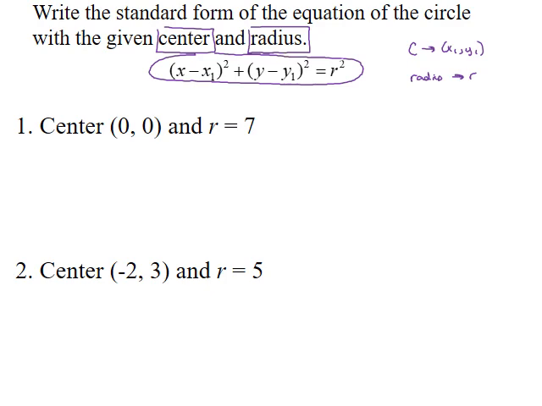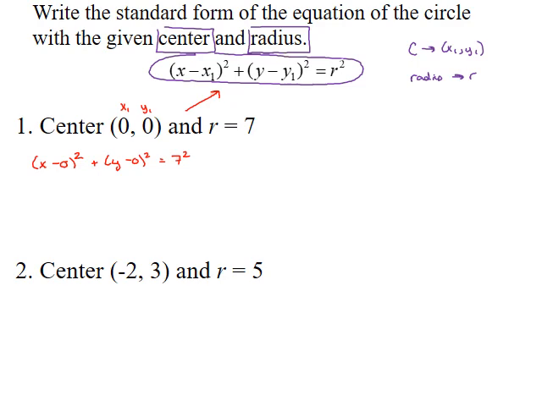On number 1, what if you have a center of 0, 0 and a radius of 7? Well, if the center is 0, 0, that's going to be your x1, y1, and then the r is already clearly labeled as 7. Plug all 3 of these numbers into your formula. That would initially be x minus 0 squared plus y minus 0 squared equals 7 squared.